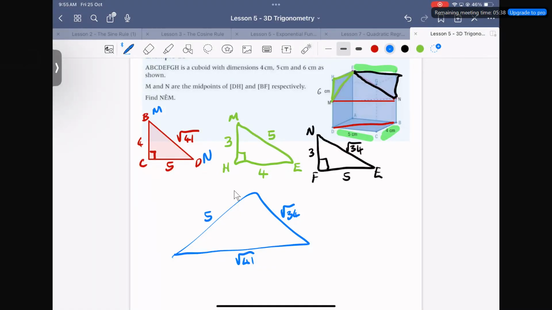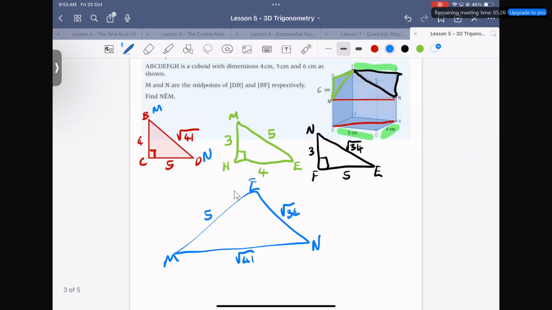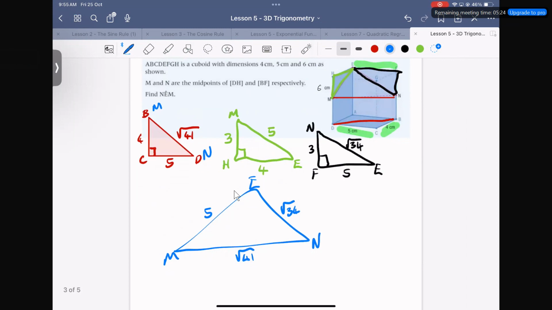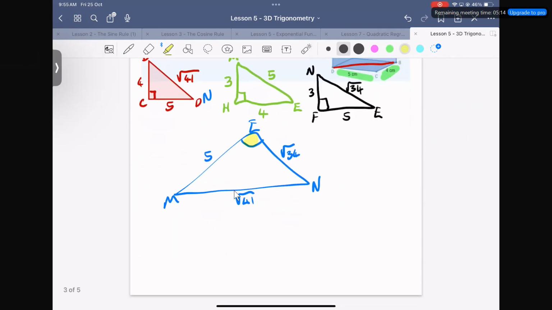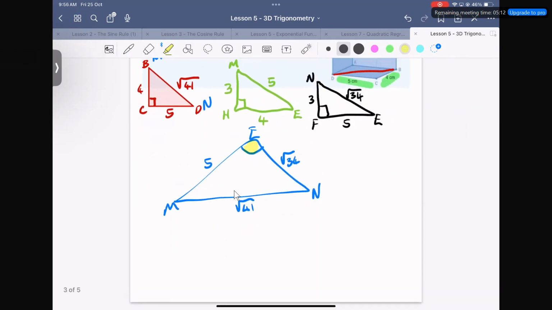So if this here is N, this is M, and then this one is E. We need to find the angle NEM. We want this angle here. Which rule should we use for this one?